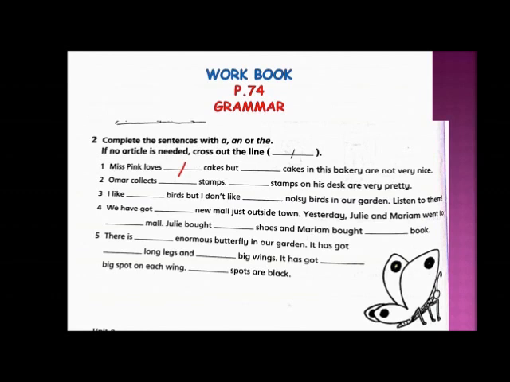But the cakes in the bakery are not very nice. Here we are talking about particular cakes, so we are going to use the. Okay, guys. Number 2. Omar collects stamps. The stamps on his desk are very pretty. It's the same here.